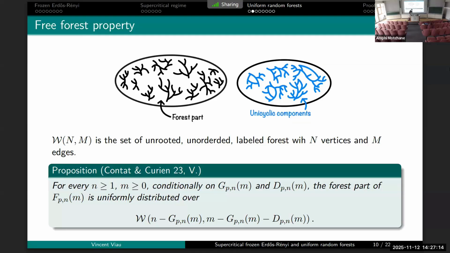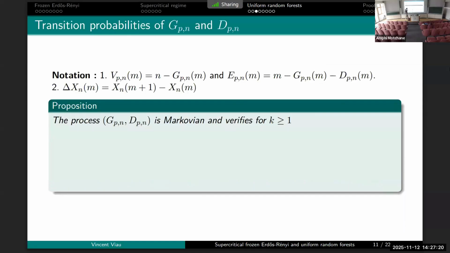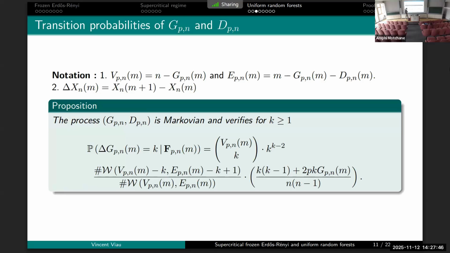Another consequence of this forest property is that we can completely express the conditional probability of the jumps of the process G. I just introduced a few notations: V is the number of vertices in the forest of your graph, and E is the number of edges in this forest. We can compute the probability that the number of frozen vertices increases by K at time m. We have one formula that I'm going to explain.